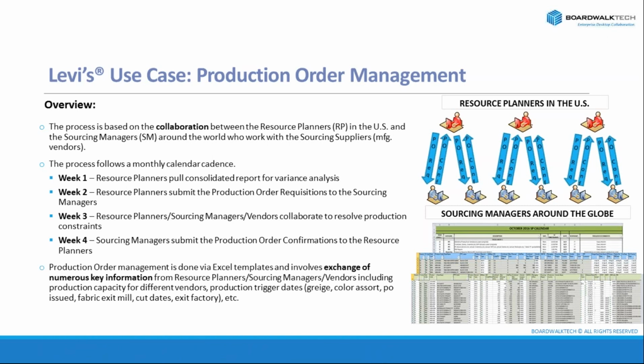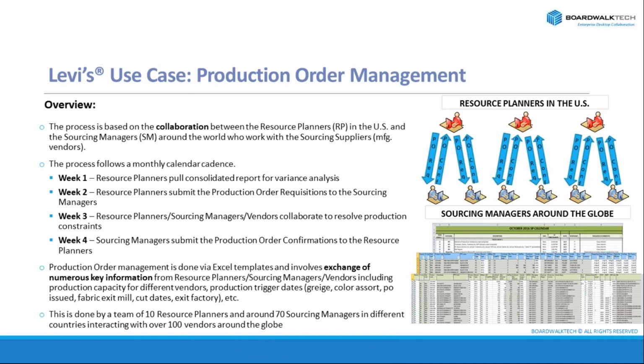The production order management is done via Excel templates. It involves exchanging several key pieces of information amongst the resource planners, the sourcing managers, and the vendors. Some of the information is related to the capacity for each vendor, and some to trigger dates, such as PO issue date, fabric exit mill dates, cut dates, and so forth.